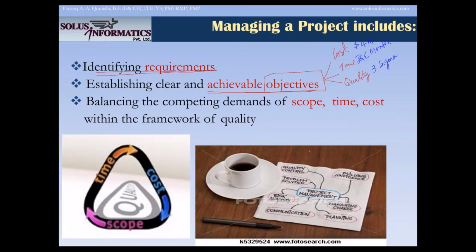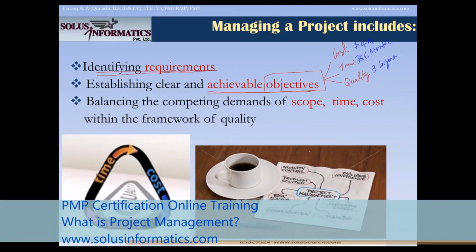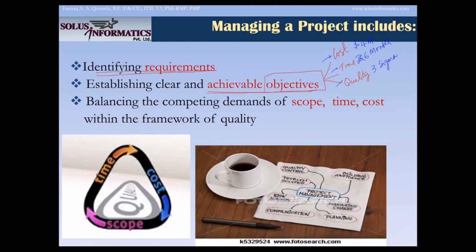So now how do you define a successful project? A successful project is where you delivered the scope of the project. You made the stadium, you made the flyover, and you did it within $4 million, so you met the cost objective. And you did it in 26 months, so you met the time objective, and you met the quality objective as well.